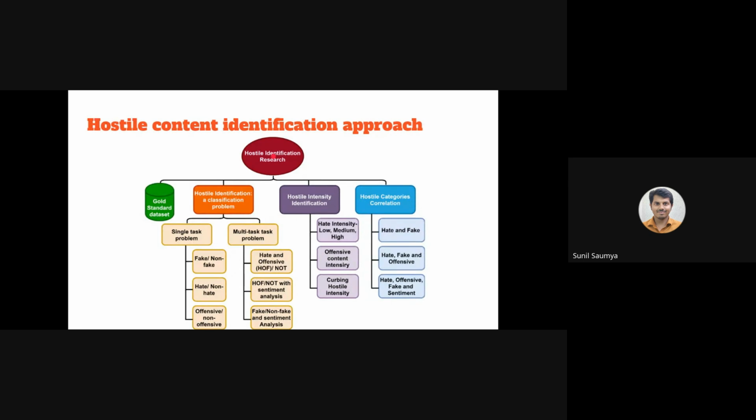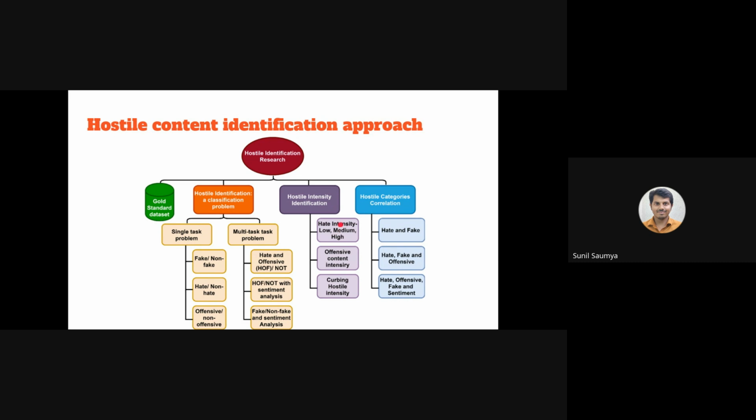People have also gone through another kind of identification approach, where instead of only classifying whether it is hate or not hate, they identify the intensity of the hate, or the intensity of the offensive content. If the intensity is low, we can sometimes ignore it. If the intensity is very high, directly attacking some individual or group, then it needs to be identified as quickly as possible, and we can block those messages or posts on social media.